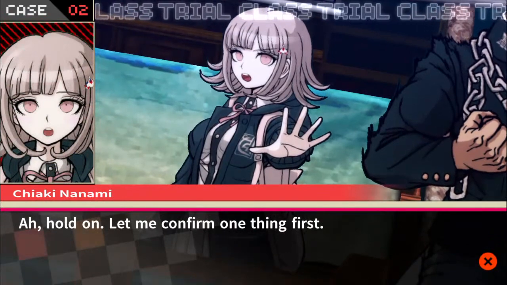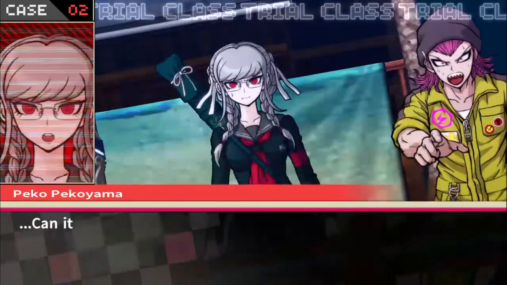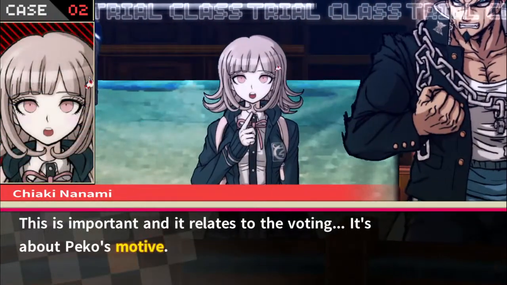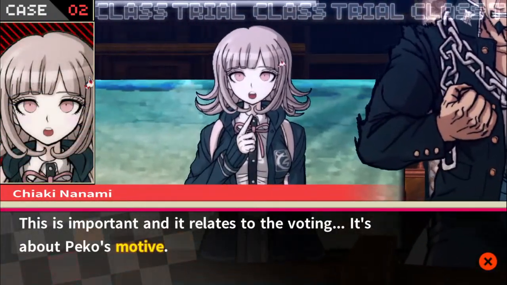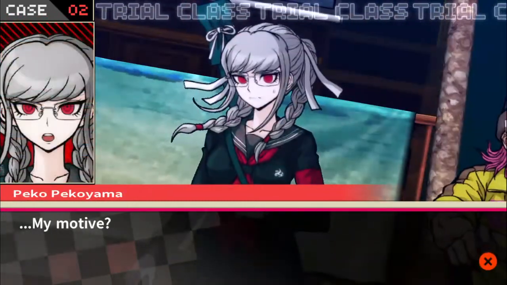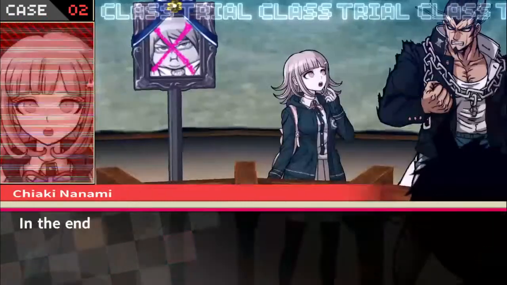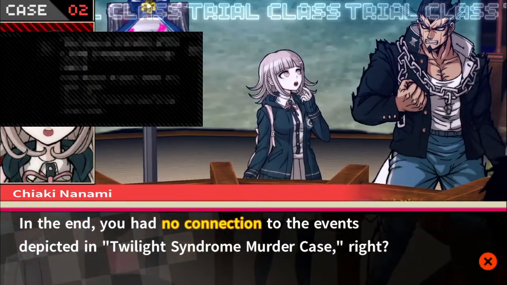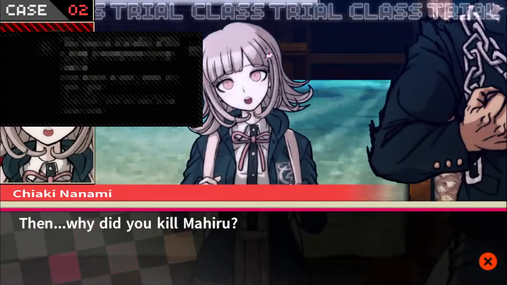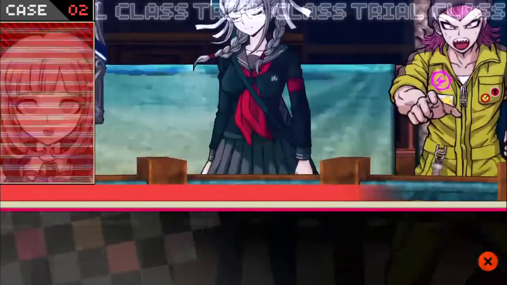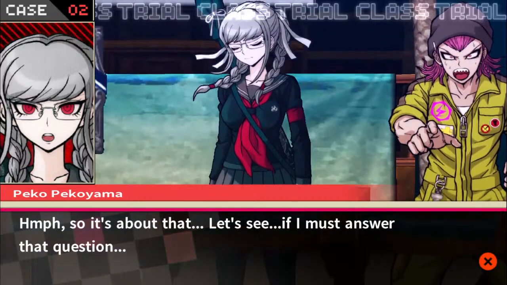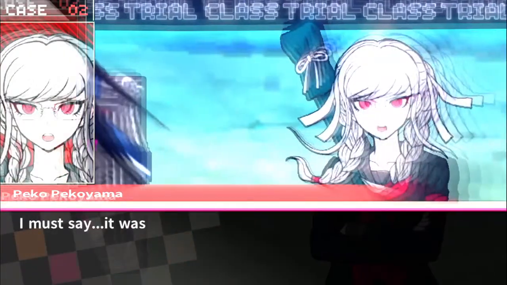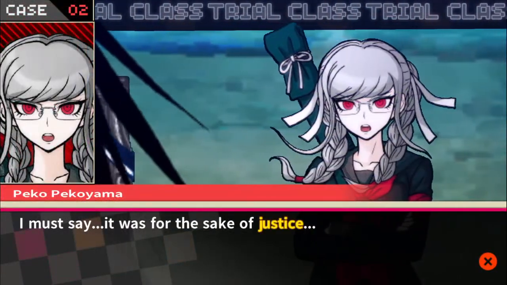Hold on. Let me confirm one thing first. Can it wait until after the voting? This is important, and it relates to the voting. It's about Peko's motive. My motive? In the end, you had no connection to the events depicted in the Twilight Syndrome murder case, right? Then, why did you kill Mahiru? So it's about that. If I must answer that question, I must say it was for the sake of justice.